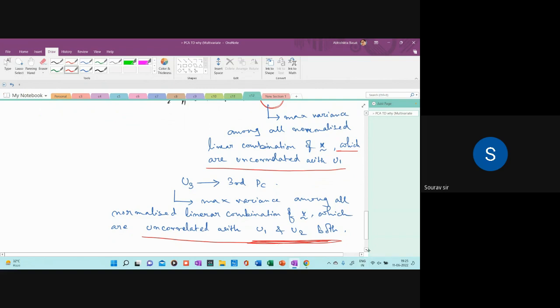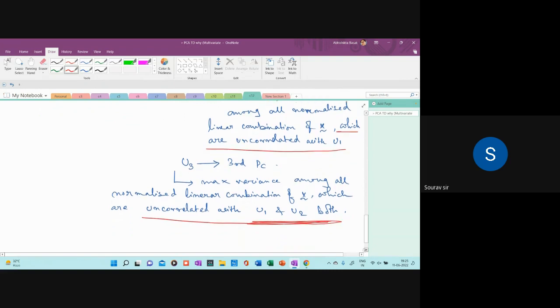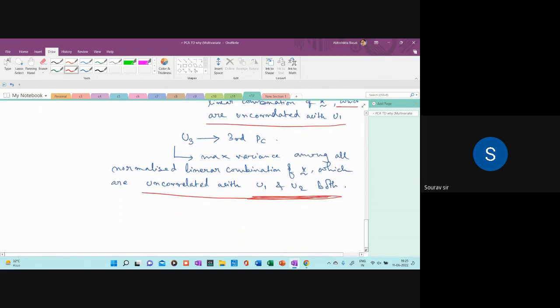So whatever components we choose out of u1, u2, up to up, they should not be correlated.